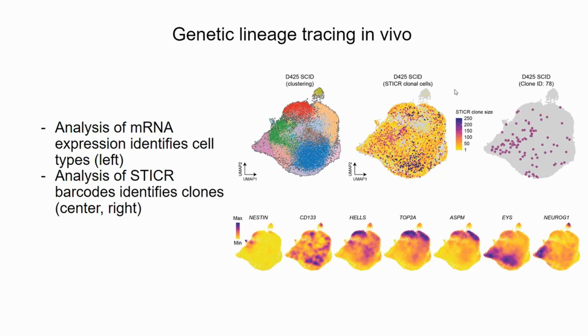This is an example of these data applied to a group 3 medulloblastoma model. In this diagram, each point corresponds to a cell. This summarizes endogenous gene expression. This second plot shows the clonality of each cell, the size of the lineage, the size of the family that each cell is drawn from. And the third plot gives an example of one particular clone, one set of cells that are related that have the same barcode.